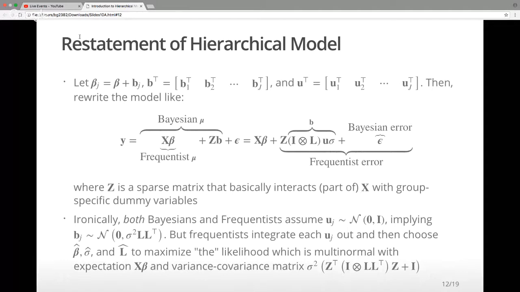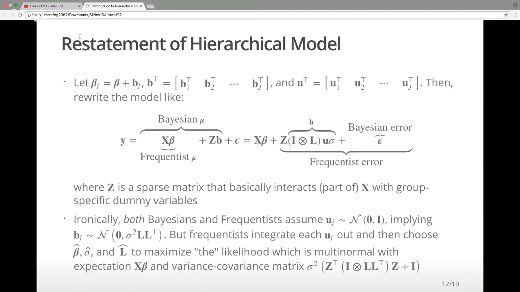And we can equivalently write that as X times beta plus Z times the Kronecker product, actually, between an identity matrix and the Cholesky factor of the covariance within groups, multiplied by one of the elements of the U vector, multiplied by sigma, which is the standard deviation of the errors.